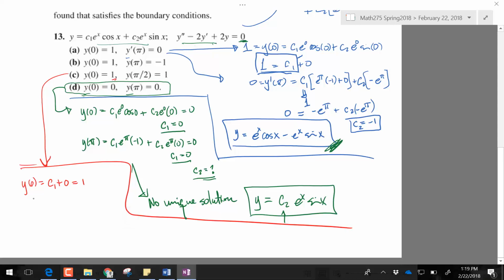Our second boundary condition, y of pi over 2. So cosine of pi over 2 is 0. So this is 0 plus c2 times 1, c2 times pi over 2. That's equal to 1. Yeah, it looks like we're going to get a solution here too.